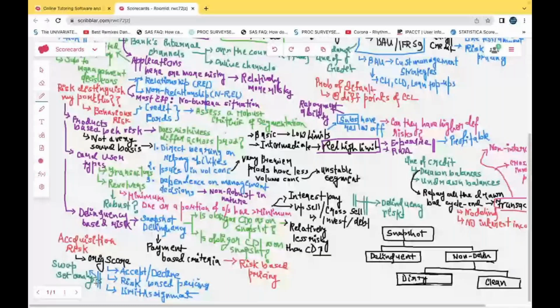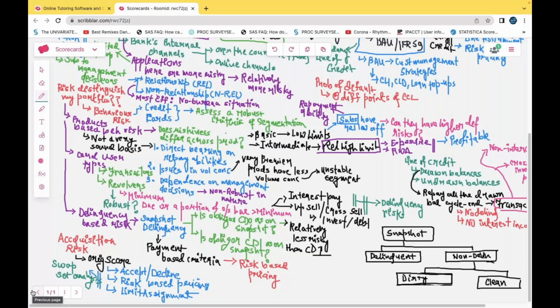This swap set analysis is performed both for the behavior scorecard as well as the acquisition scorecard. For the acquisition scorecard, it is done for the primary line of credit, and for the behavior scorecard, the swap set is tweaked to fit the secondary line of credit requirement, right? That's how acquisition scores are used.